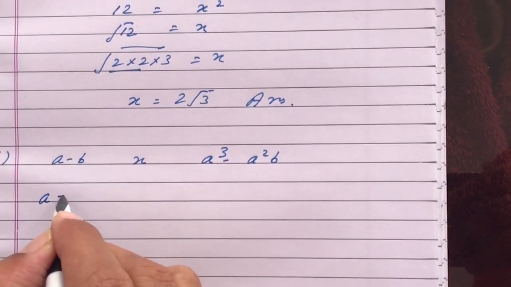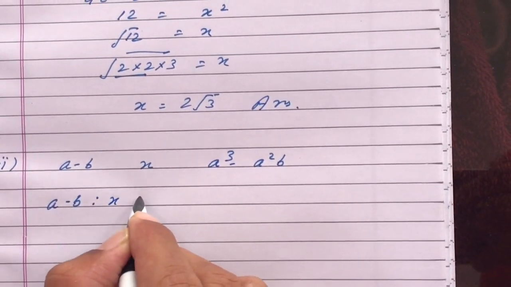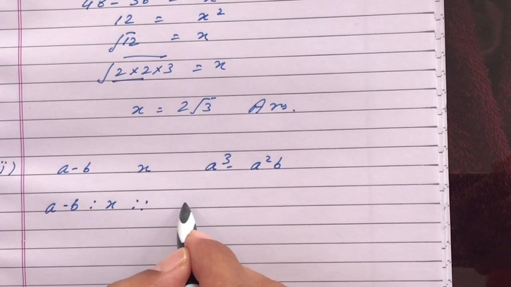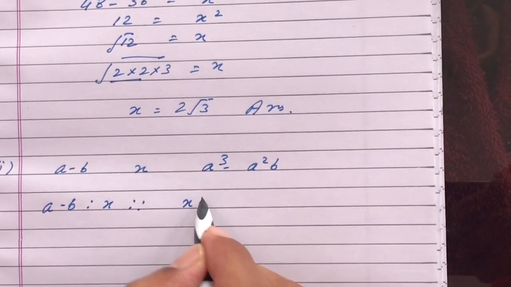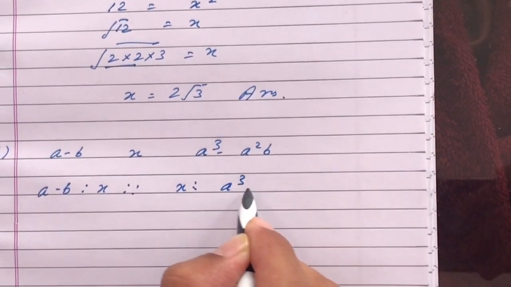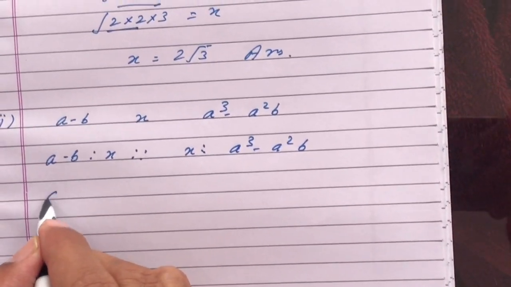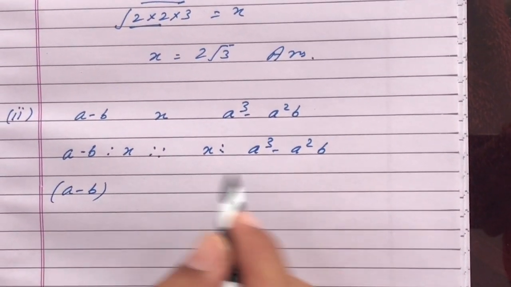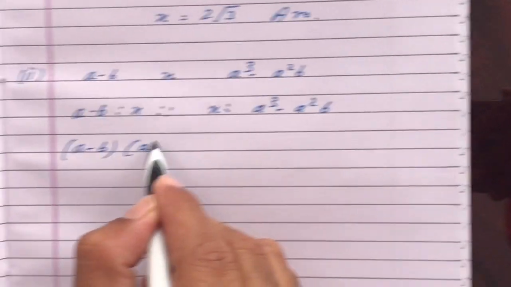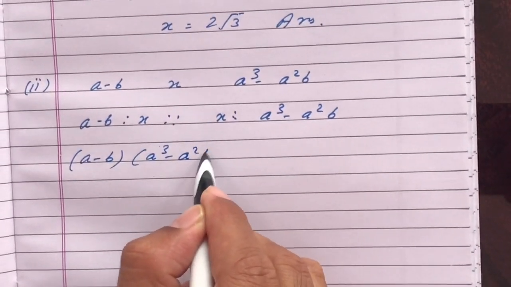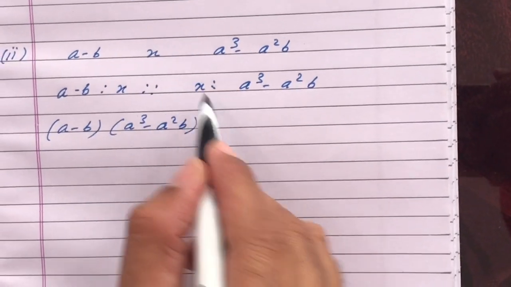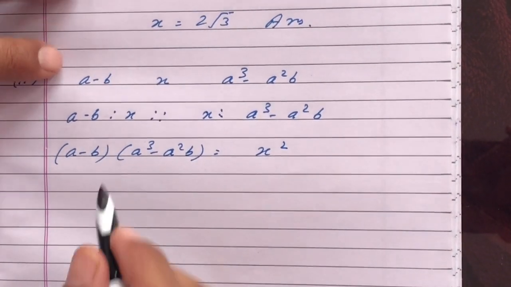A minus b ratio x, then equal to x ratio a cube minus a square b. So a minus b into a cube minus a square b is equal to x into x, x square.